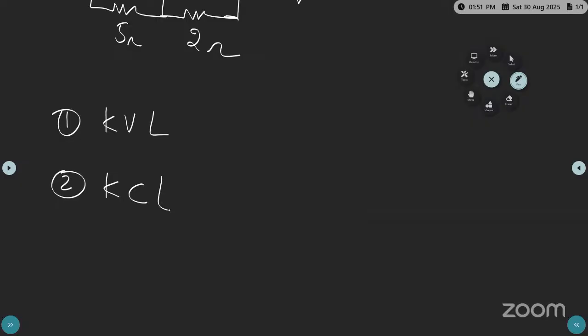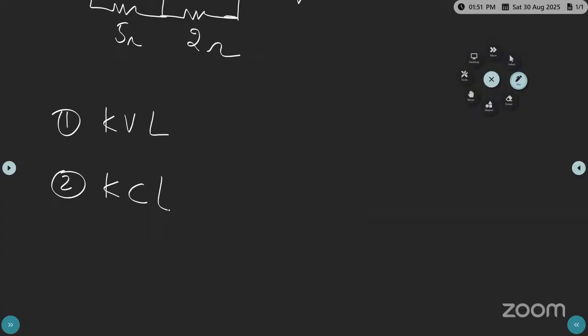Kirchhoff voltage law states that in a closed loop, what is meant by a closed loop? Loop is equal to closed loop. So what is a loop?